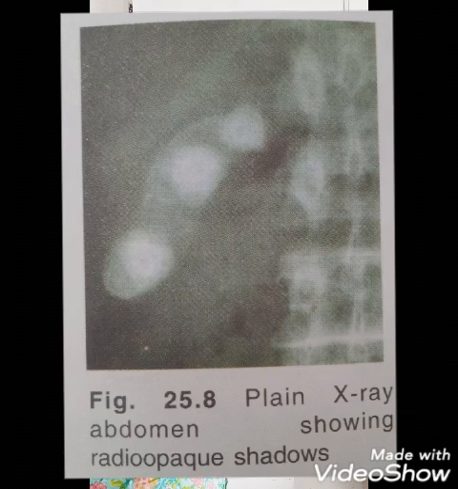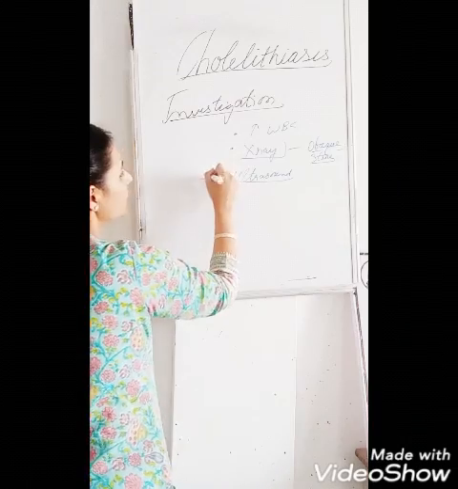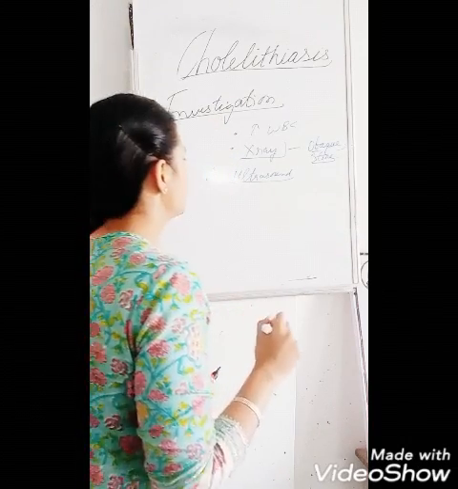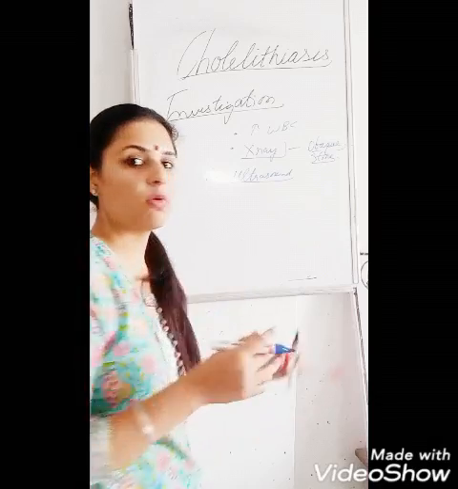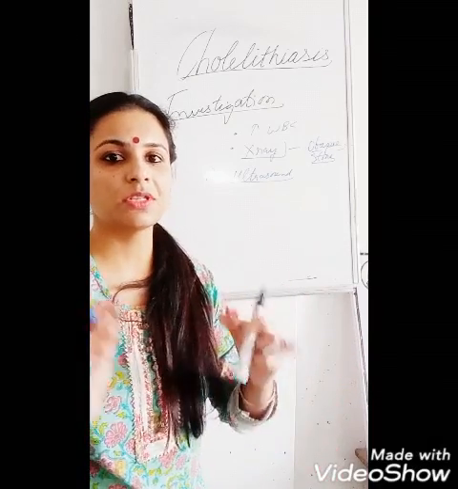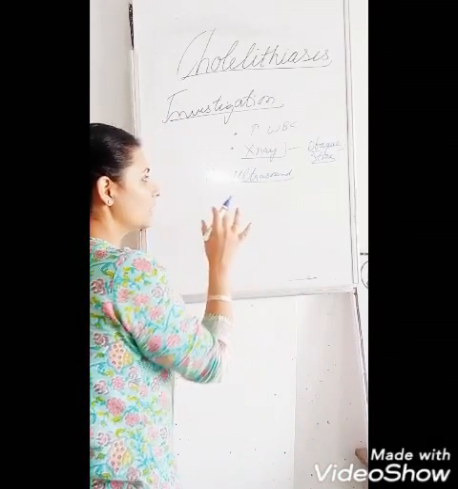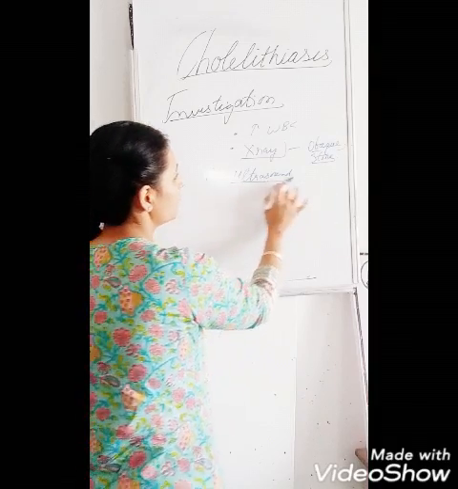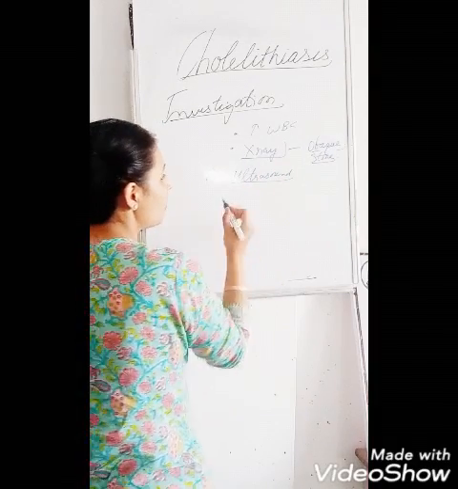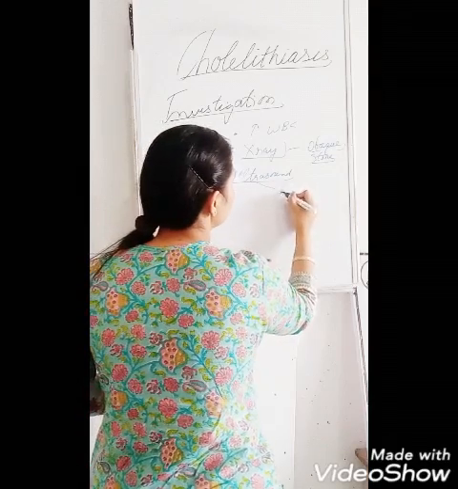Now ultrasound is a very important investigation in case of cholelithiasis, because it will identify both opaque and radiolucent stones. So both can be seen in ultrasound of the abdomen. Also it can identify the biliary sludge.